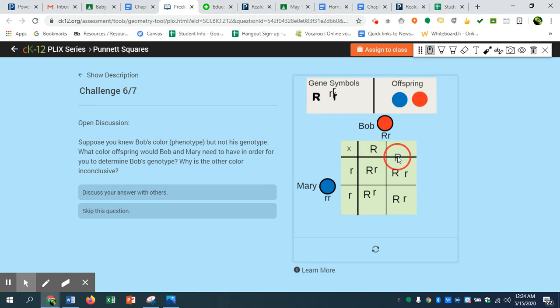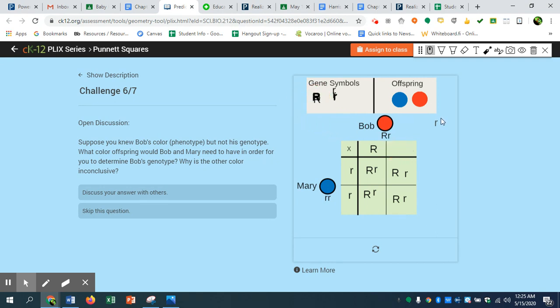We know he's red. So that's red and that's red, right? Capital R, lowercase r, and capital R, capital R. Now, if he was capital R, all of their offspring are red. So we're just going to assume that he's red.